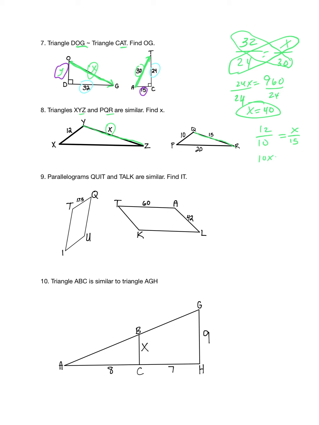So 10x equals 12 times 15, which is 180. Divide out the 10 from both sides. X equals 18.